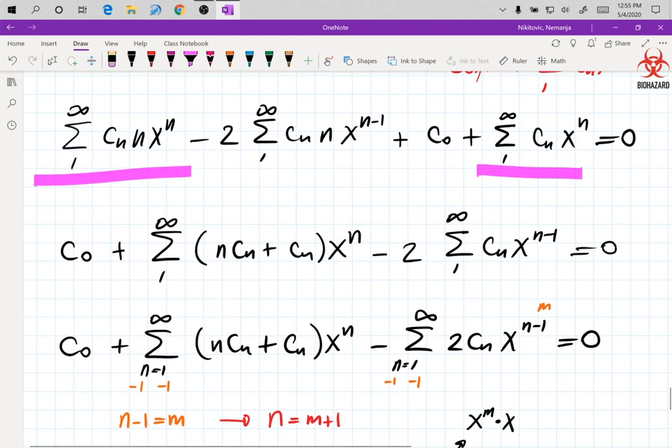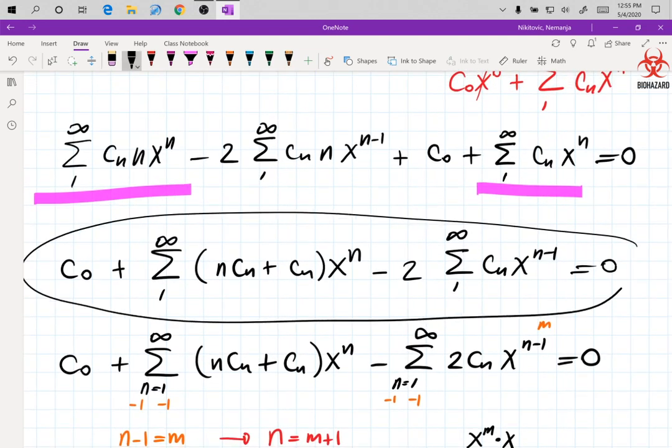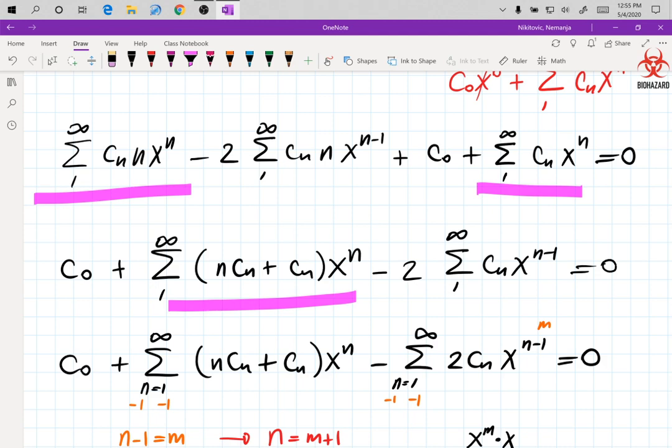So for this one, I combined the purple terms together, and this term is that term. Oh, I dropped the n. Now I see, yes.